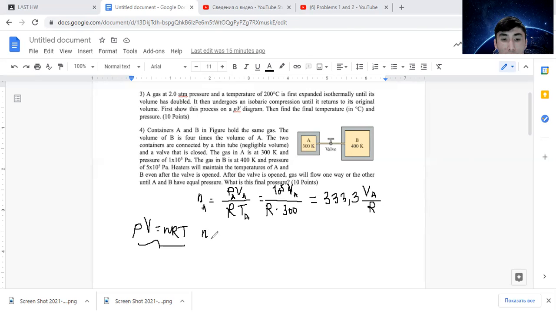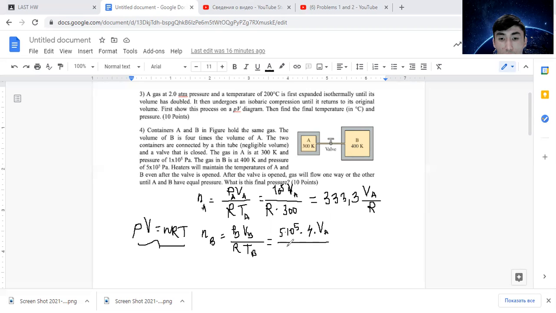Let's find the second container. PB VB over R TB. So here 5 times VB, the volume in the B container. They said that the volume of B is 4 times the volume of A. It means here will be 4 times VA, right?